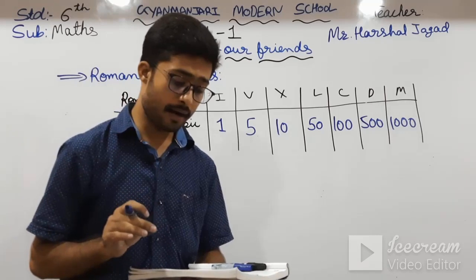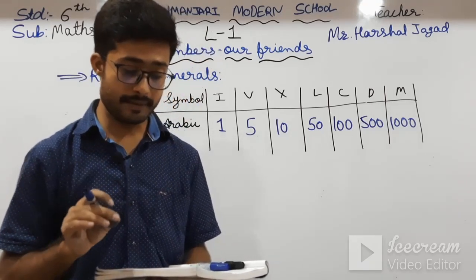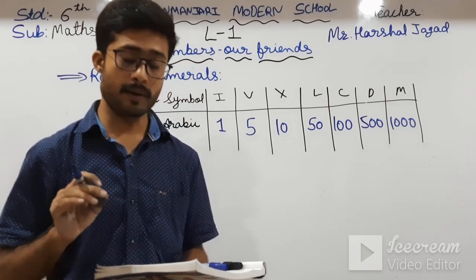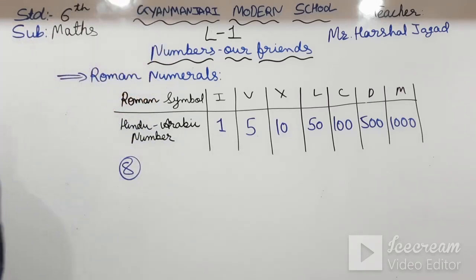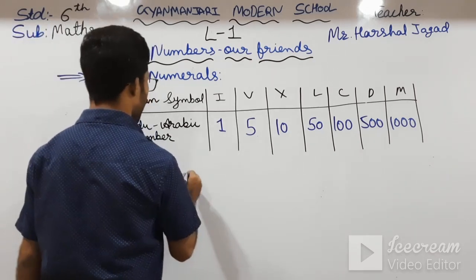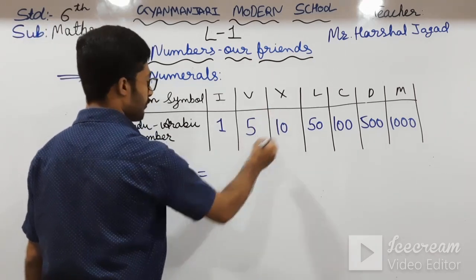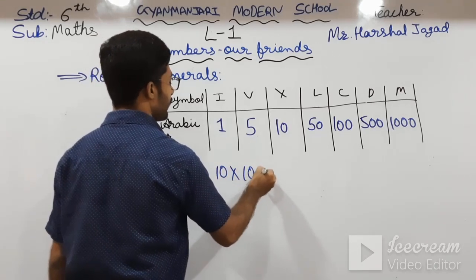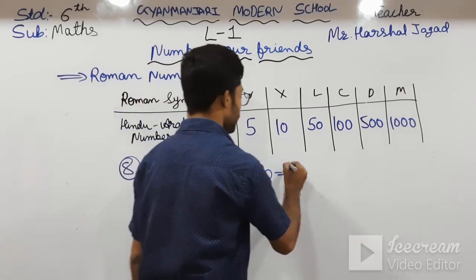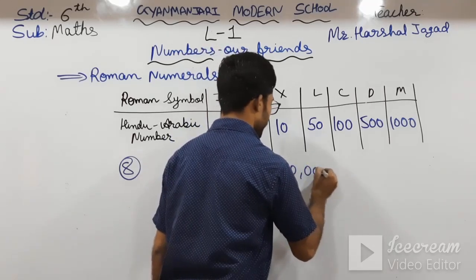See here, a bar over any numeral means that the numeral is multiplied by 1000. Okay students, if I put a bar on X, then what is the value of X? That is 10, and we have to multiply this by 1000, that is 10,000.